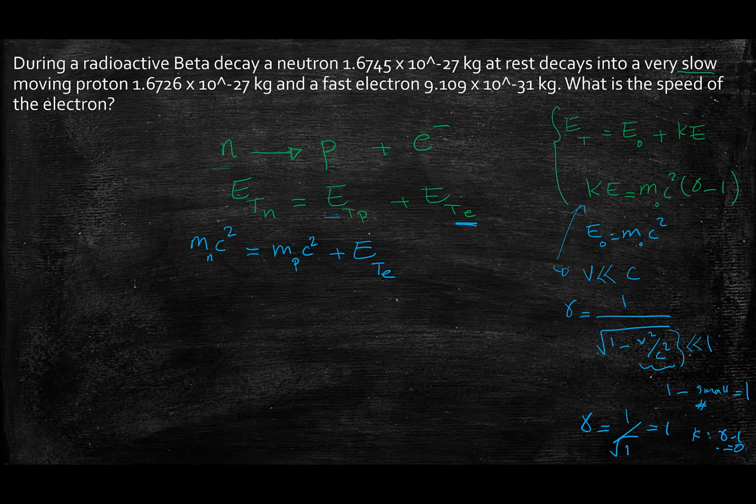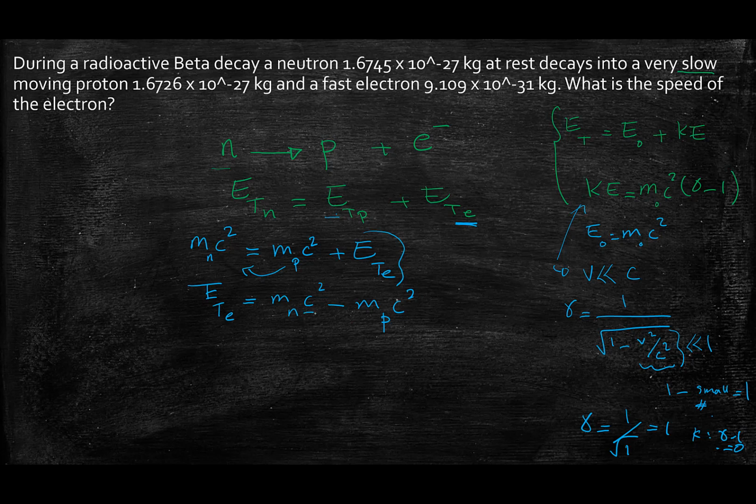I'm going to solve for the total energy of the electron, and then find out what the speed of the electron is, because I think it's more simplified that way. In this case, I'm going to rearrange for the total energy of the electron, and I will have the mass of the neutron times c squared, minus, because I'm moving this to the other side, the mass of the proton times c squared.